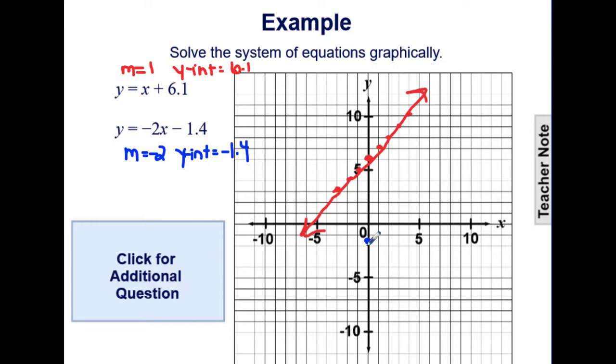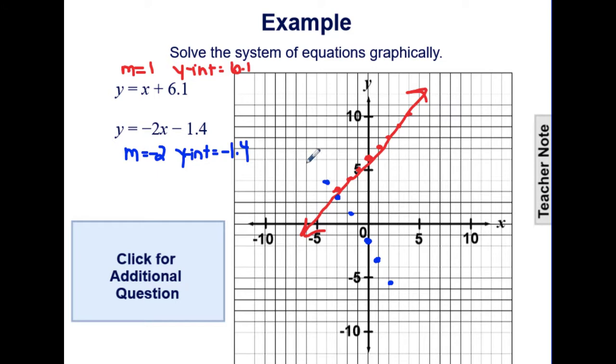-1.4 on negative, so that would be 2.4, and I'm not even sure, maybe somewhere around here, and down 2 again, maybe somewhere here, and maybe I got to go up 2, so somewhere there, maybe.